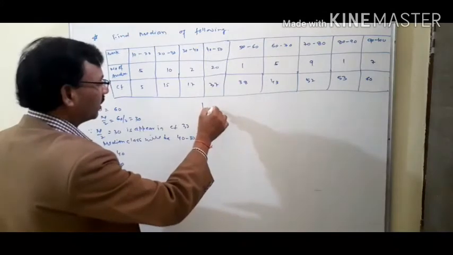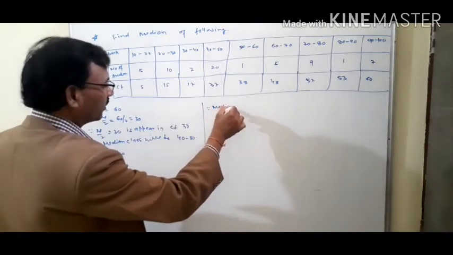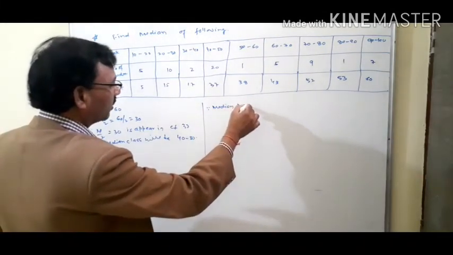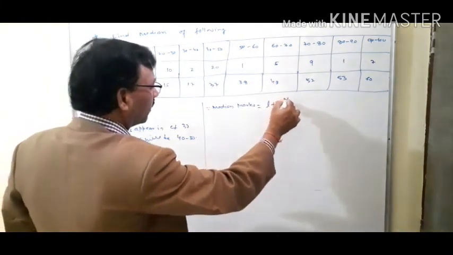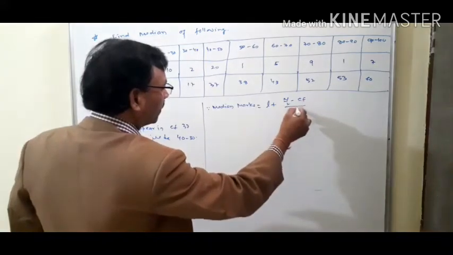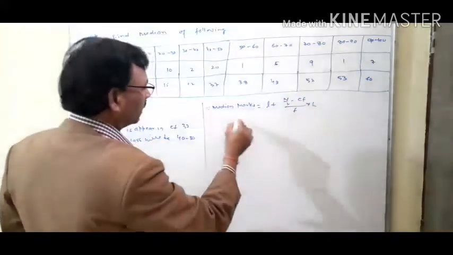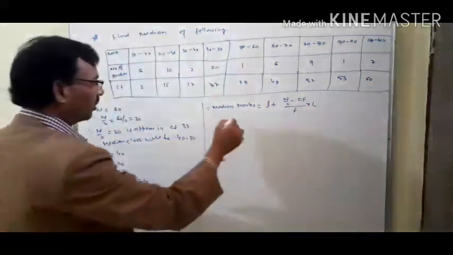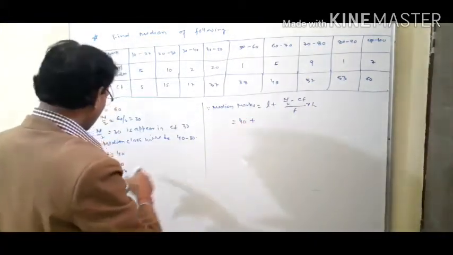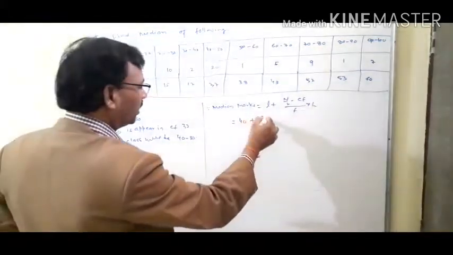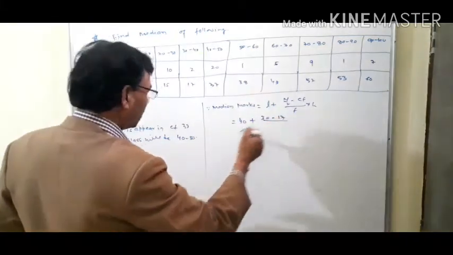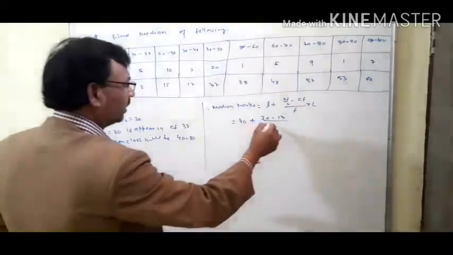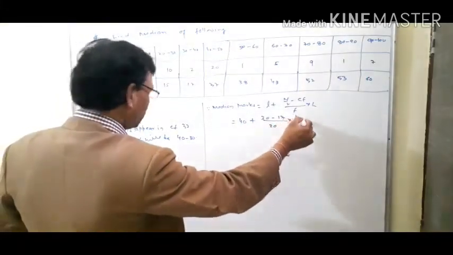Calculate the median. Therefore, median marks equals L plus n by 2 minus CF upon F into H. Now here L is 40 plus n by 2 means 30 minus CF is 17 upon F means 20 into H means 10.